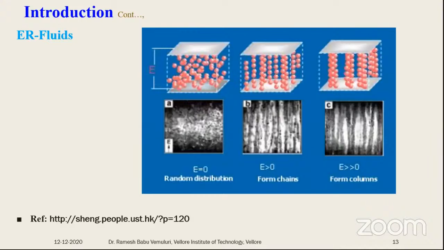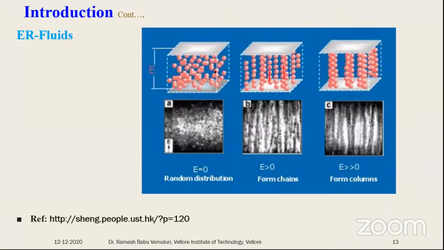Then the next type is the electrorheological fluids. So here we can observe the electrorheological fluids. They will be dispersed in the initial stage. Once we apply a certain electric field, obviously they will form some aligned structure, so that it can oppose whatever forces are applied, and its strength can be improved.